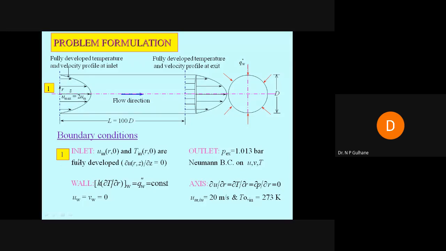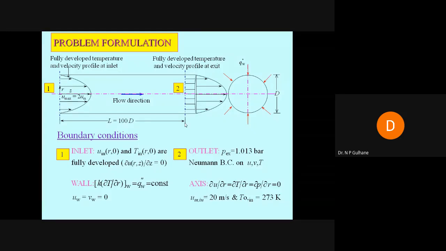Okay. So this is what I was talking about on boundary condition 1. Now let us go for boundary condition 2. This is called the Neumann boundary condition. Here we call it atmospheric pressure. Exit environment is atmospheric, so gauge pressure is almost 0. We are considering that gauge pressure is 0.